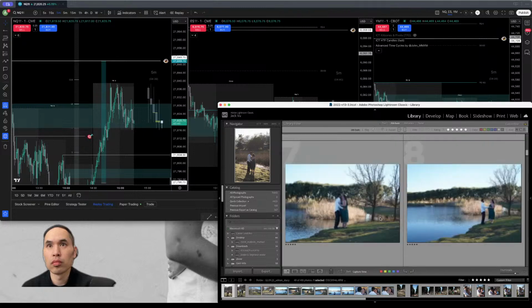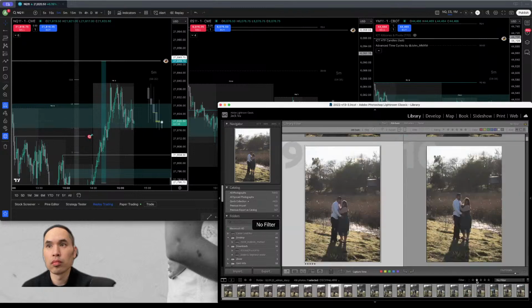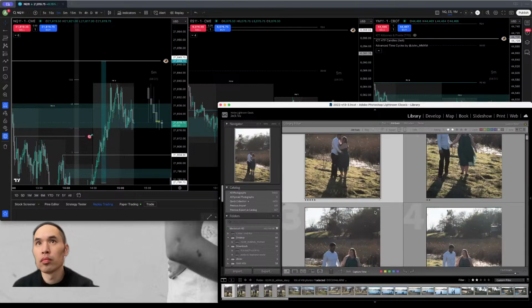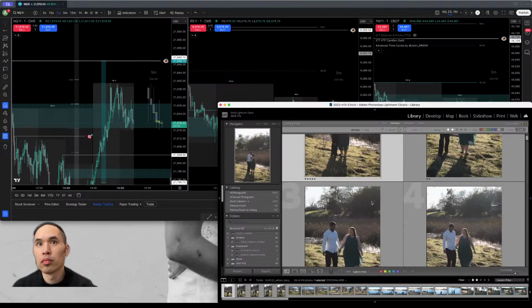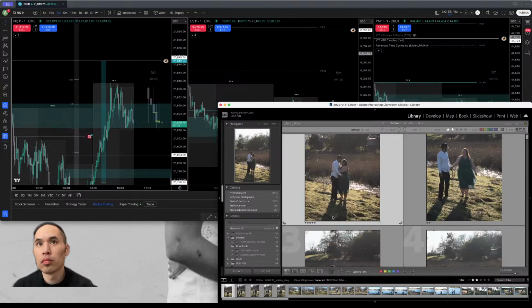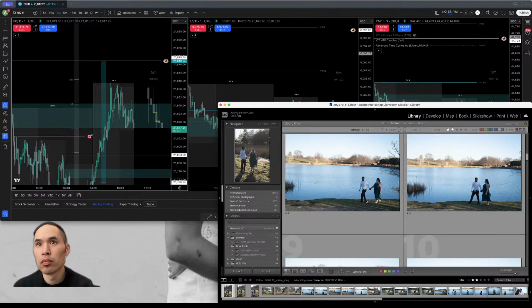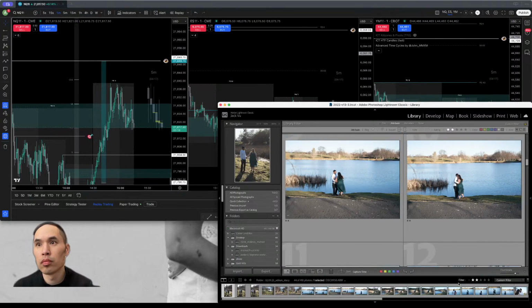The AM session. Here, you mean? I think we had SMT here. Wait, let me check. I think that's NQ, right? It hit the previous day low and ES didn't.